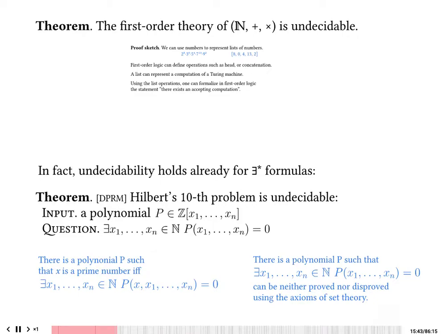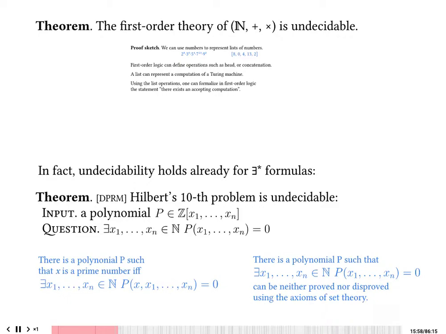And this is because of a generic result which says that for every undecidable problem you can find an instance of the problem such that whether it is a yes or no instance is independent of the axioms.